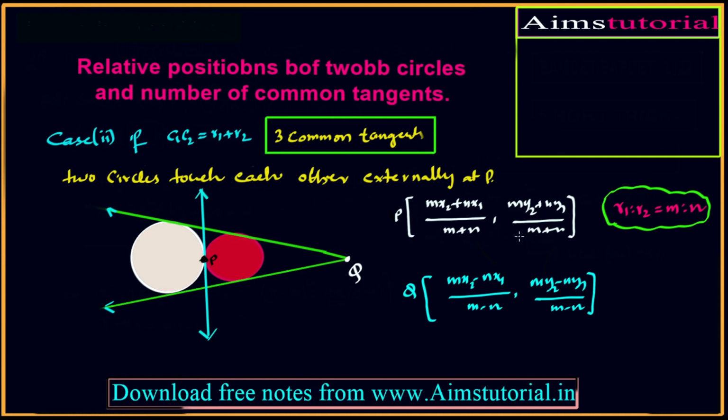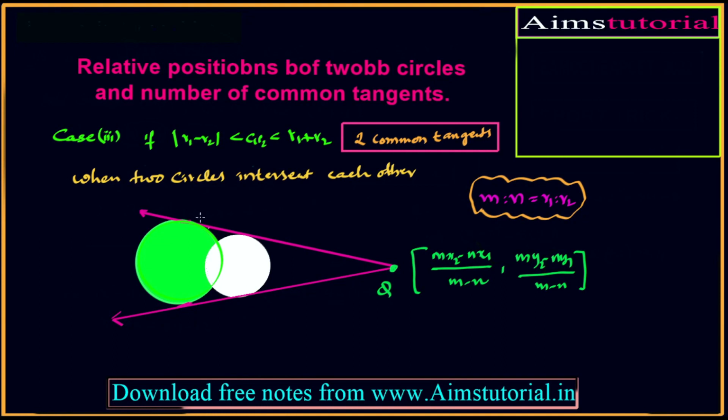The internal center is (mx2 + nx1)/(m + n), (my2 + ny1)/(m + n), where m:n is r1:r2, and the external center is (mx2 - nx1)/(m - n), (my2 - ny1)/(m - n). If C1C2 equals r1 + r2, the two circles touch each other externally, and the number of common tangents is 3.